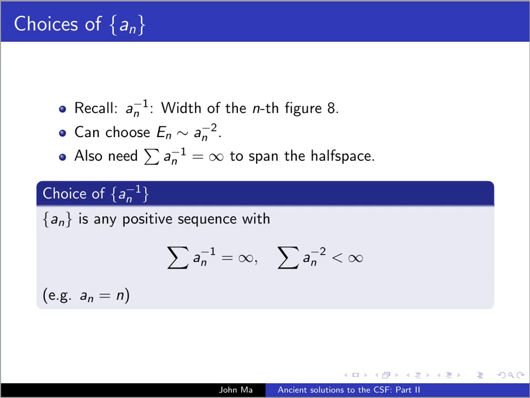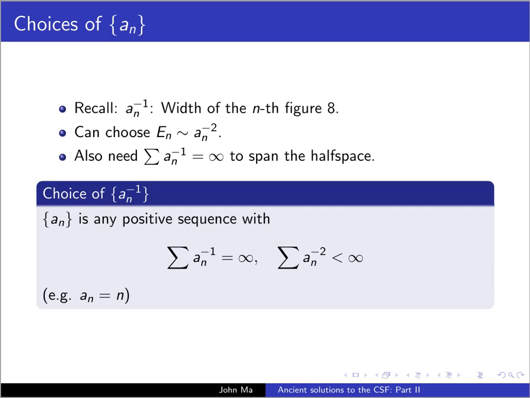Okay, so to control the error, this is related to how we choose the width of the figure 8. We have a sequence of numbers a_n, where a_n inverse is the width of the nth figure 8 that you glue in the process.